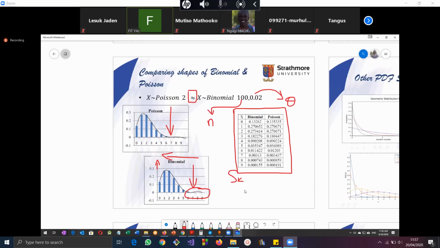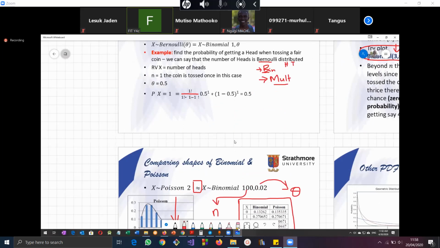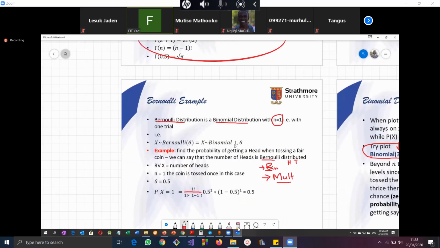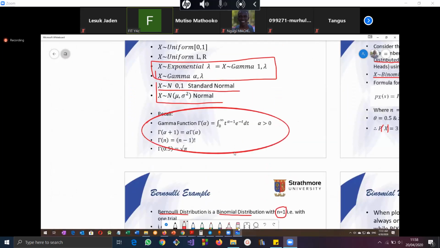Sometimes we want to just generate random numbers that are binomially distributed. We will be doing such things when we don't have data and we want to simulate. I need 100 values that are binomially distributed. Let me give an example here. This is the distribution called the normal distribution. It's one of the most important distributions.